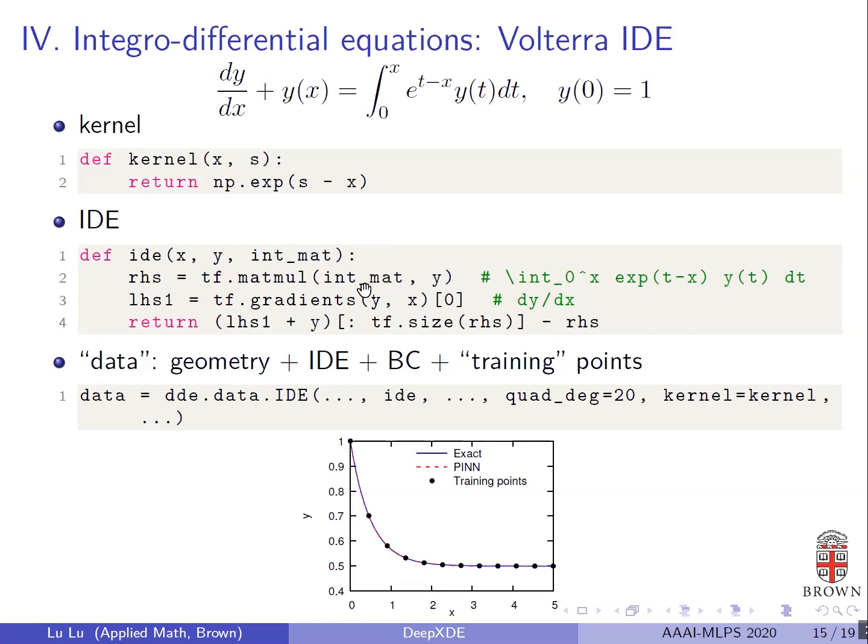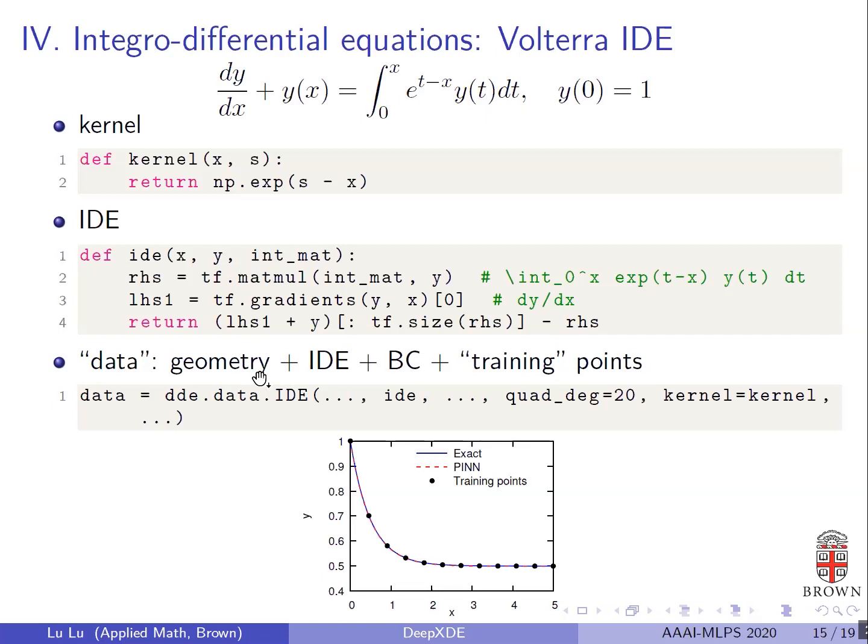So this matrix will be constructed automatically. Then we can define the right-hand side for the integration, which is the matrix times this y vector. For the left-hand side, it's exactly the same as previous. We use tf.gradients to compute the left-hand side, the derivative. Then we combine the left and the right into our IDE problem.